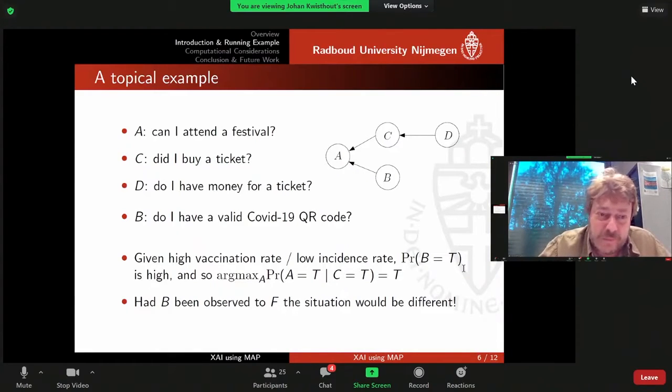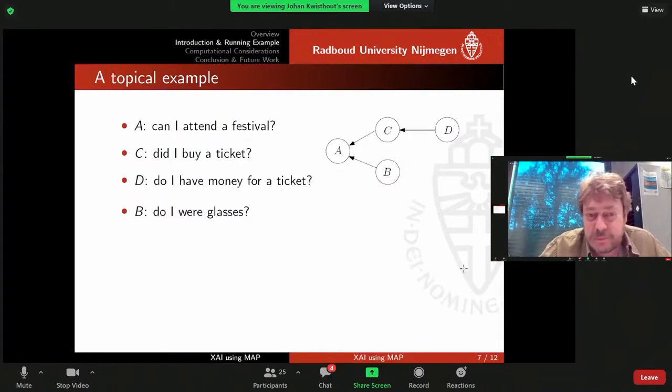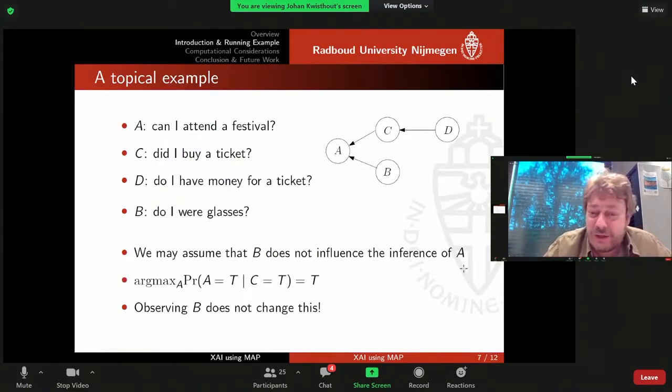Now, if you take another example and have a different interpretation for B, for example, do I wear glasses? And sorry for the typo here. Assuming that the fact that I can attend the festival does not depend on whether I wear glasses or not, you might assume that this does not influence the inference of A, and the best explanation of the evidence would still be the same, independent of whether I would observe this to be true, to be false, or to keep it unobserved.